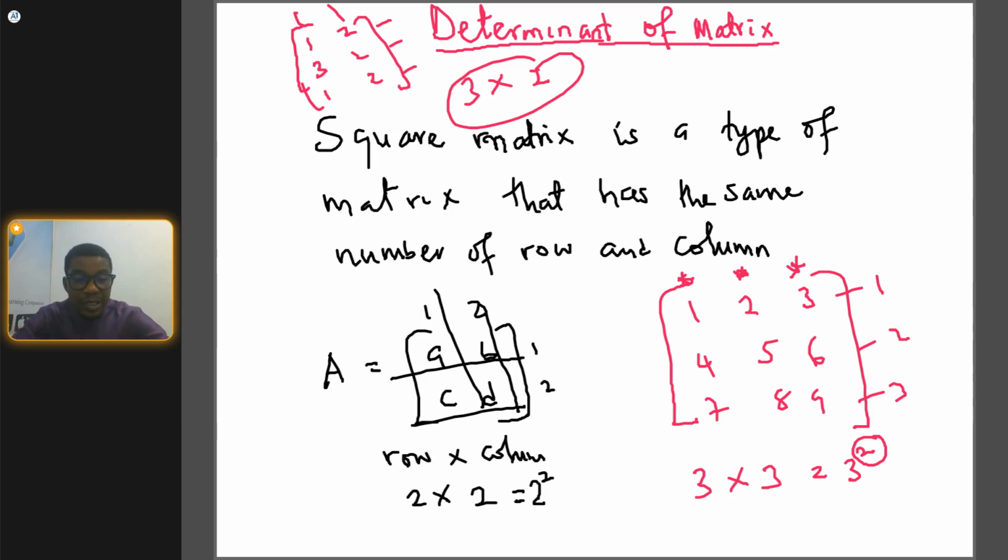Examples of square matrices are 2 by 2, 3 by 3, 4 by 4, 5 by 5, 6 by 6, and so on. If I have a 3 by 2 matrix, I cannot solve the determinant, so there is no need to stress myself; the answer will just be undefined. But if it is a square matrix, of course, we can solve it.